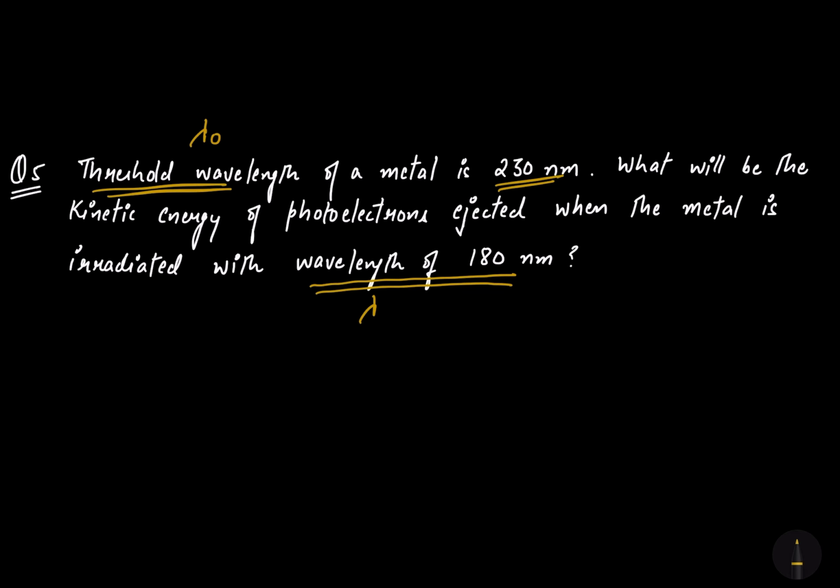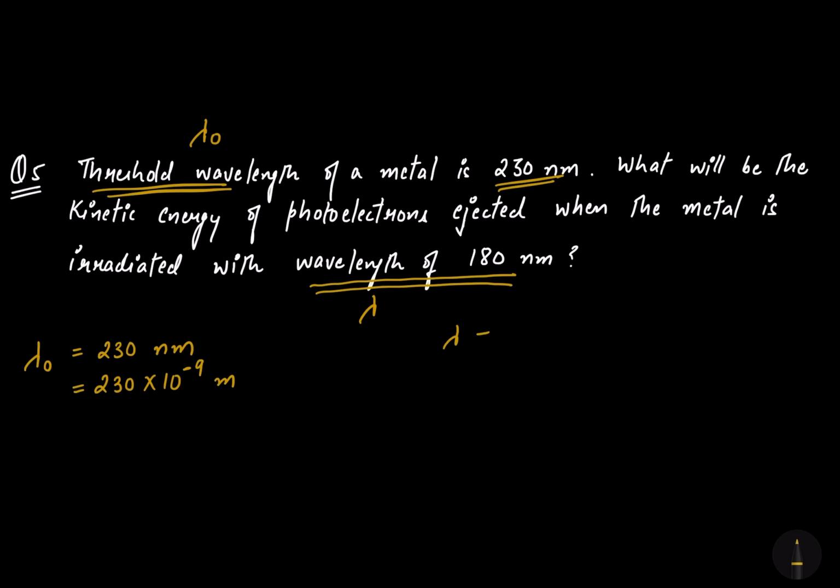So first of all, the threshold wavelength is 230 nanometers. In SI, it comes out to be 230 into 10 to the power minus 9 meters.